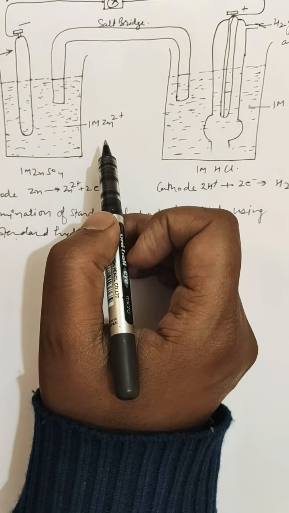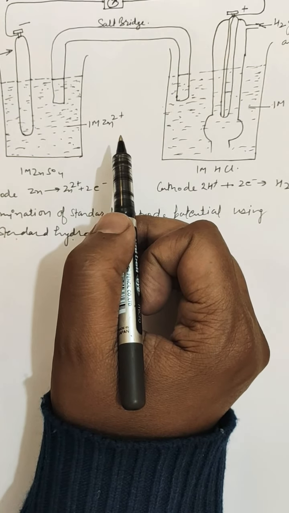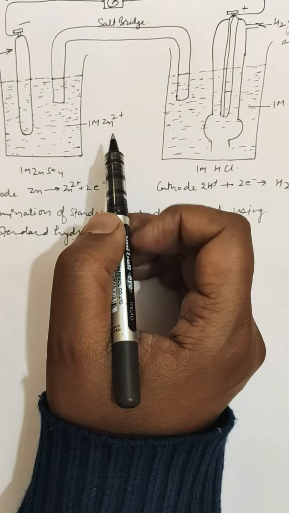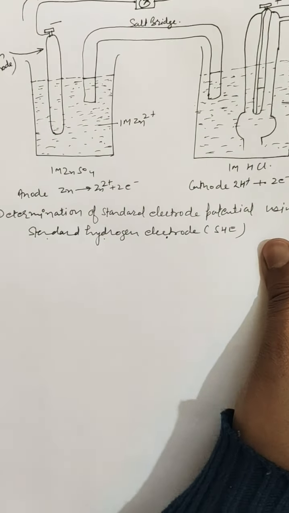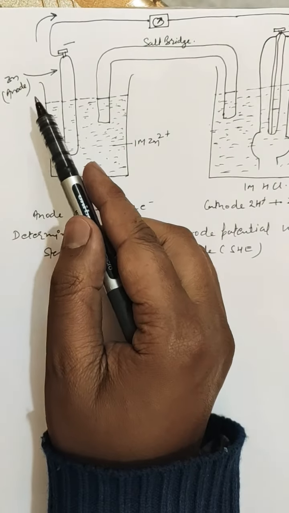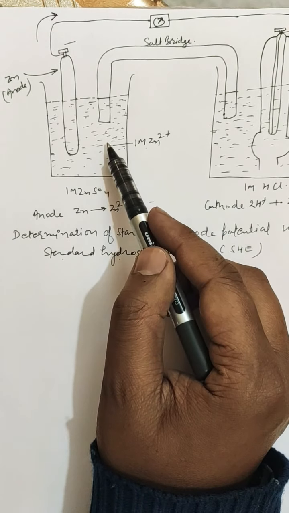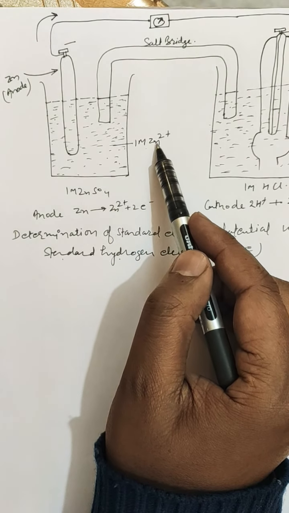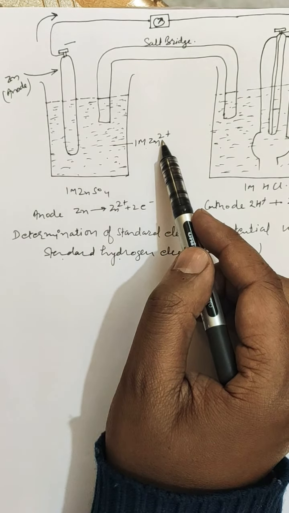This is the pictorial representation when we are determining the standard electrode potential of a zinc electrode. This is the zinc electrode, dipped in a solution of its ions of 1 molar concentration. In ionic state it is present as zinc 2 positive.